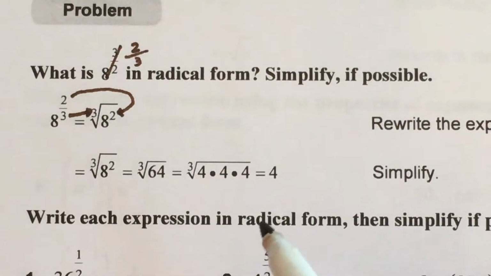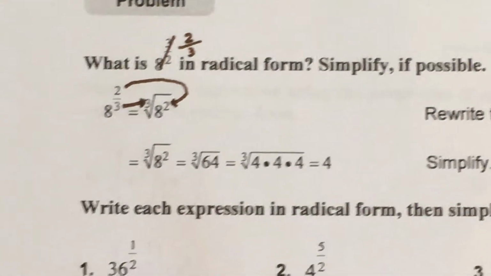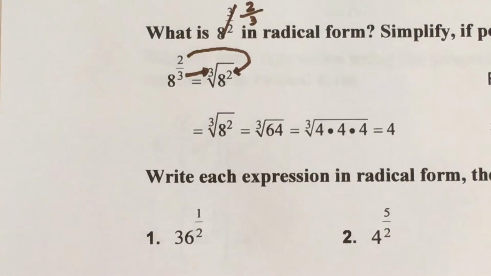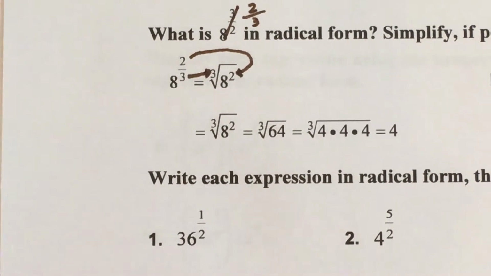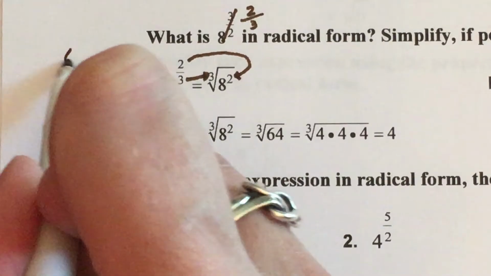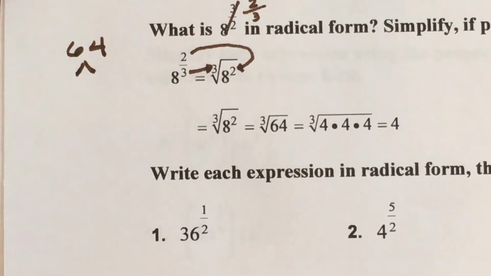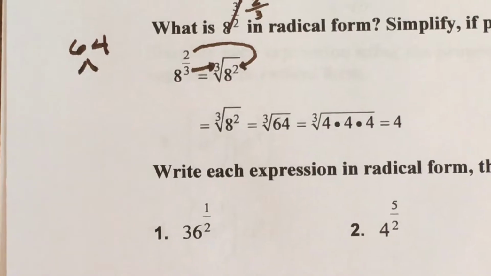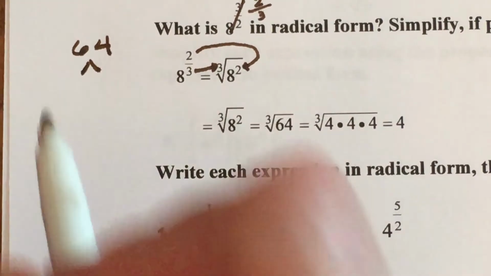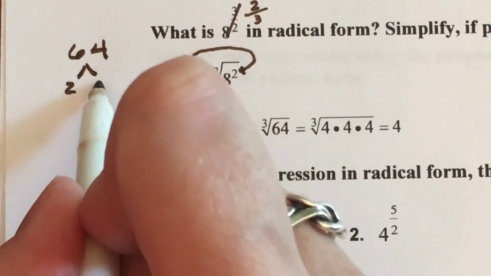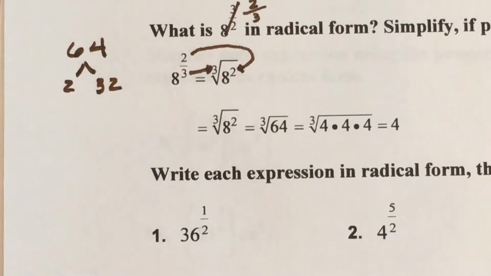So this is a review from 7th grade, 8th grade, I don't know, it's been a little while, of factor trees. Usually we're going to divide by the smallest thing possible. 2. 64 divided by 2, 32.